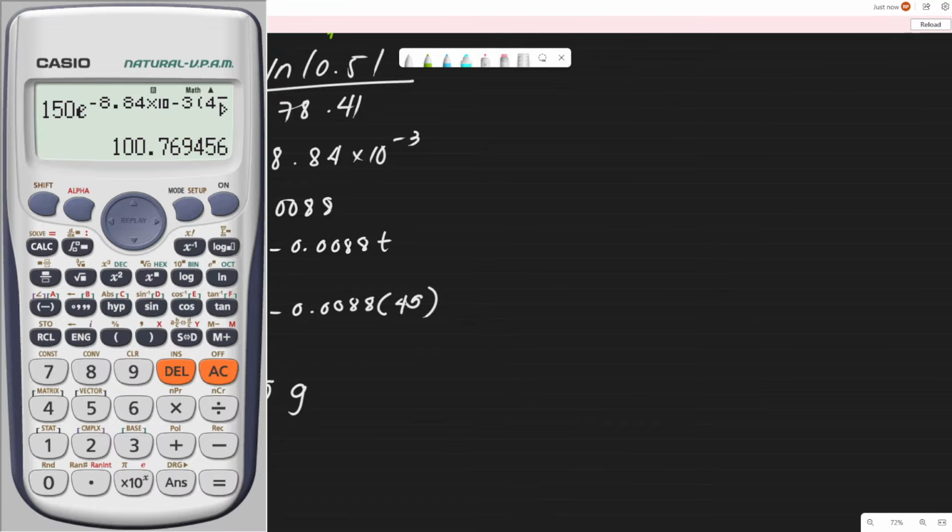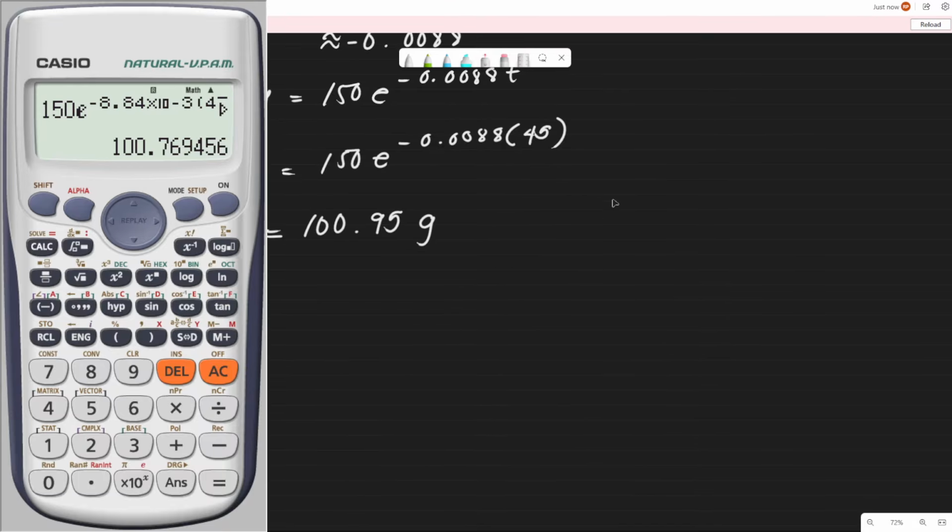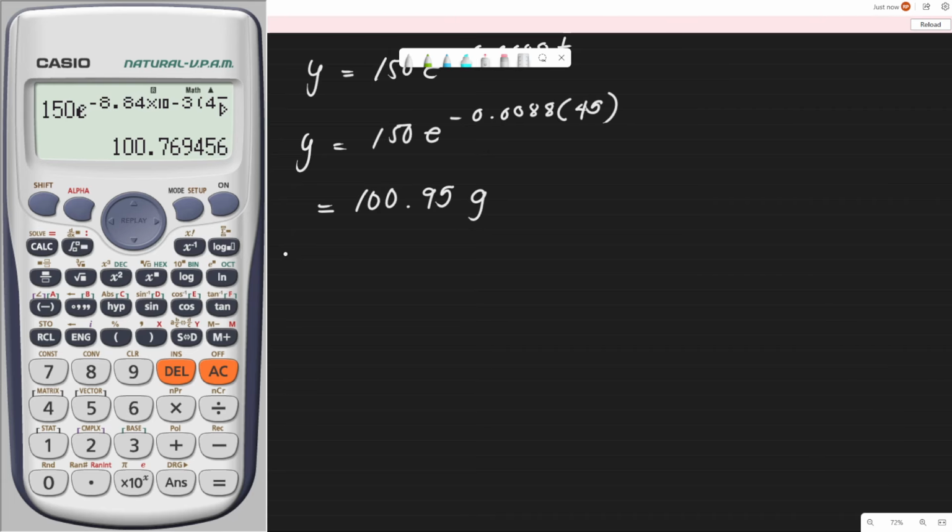Actually, it is not small; it is quite big in terms of decimal. So that is 100.77 grams. So y is approximately equal to 100.77 grams.